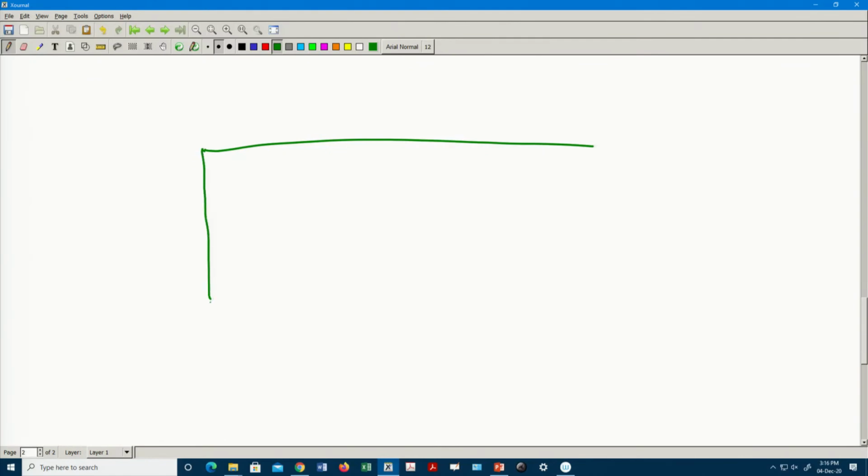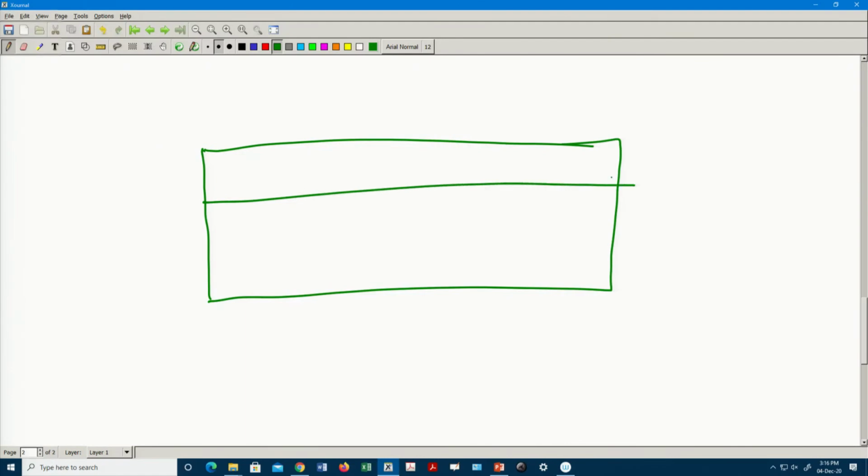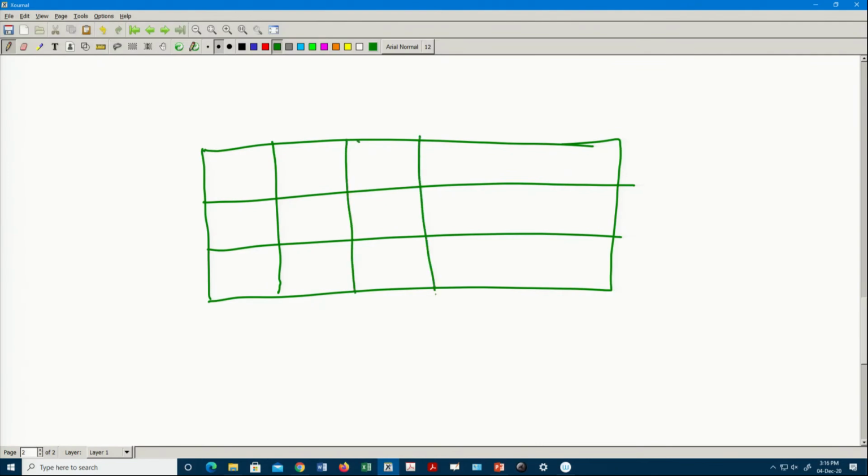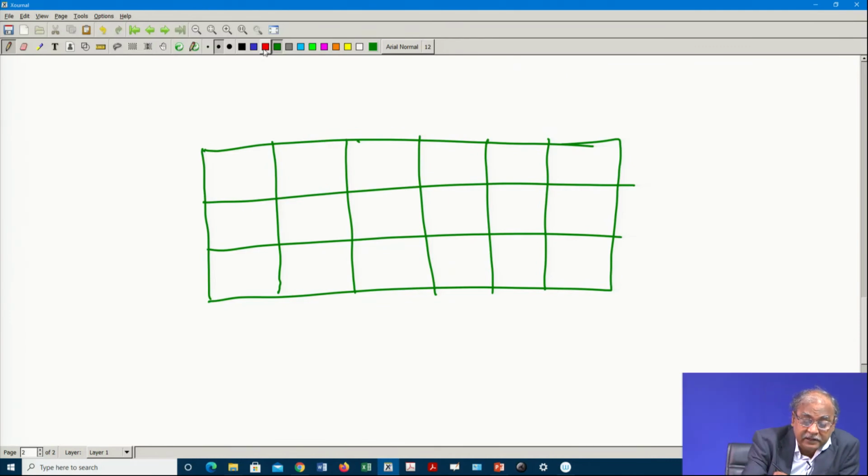So this is a building plan. Now, the question is, there are columns; let us say this is one type of column and this is another type, some other color let us give.